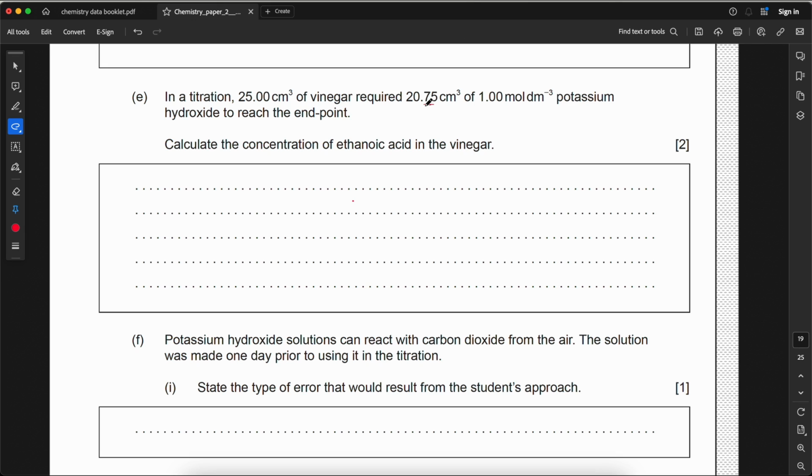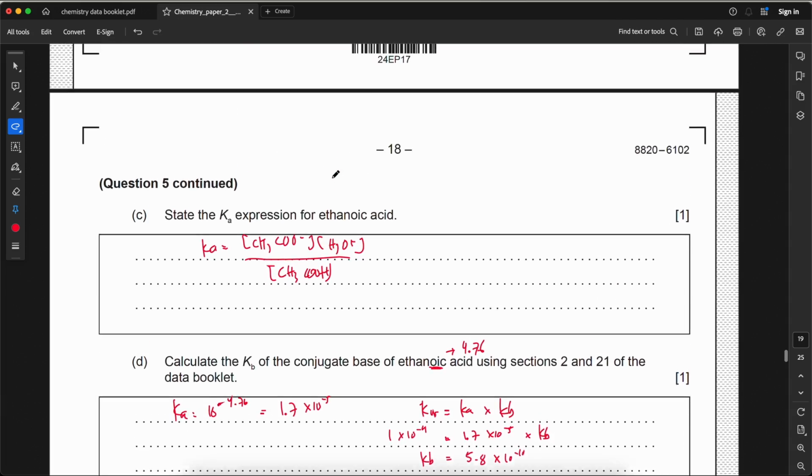We've got volume of potassium hydroxide and concentration of potassium hydroxide, so we can calculate mole of potassium hydroxide, which is C times V. So 1 times 0.02075 decimeter cube, which is 0.02, okay, I'll just make it 0.8. So n of KOH is the same as n of CH3COOH. Okay.